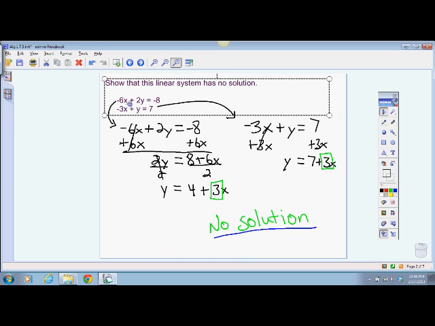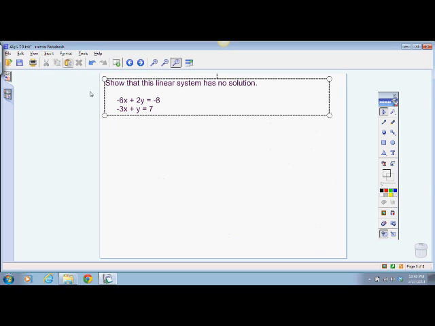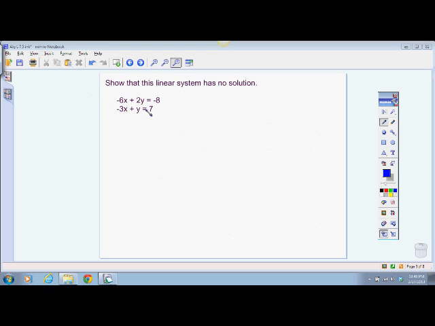Now let's say you chose a different way to solve. Let's say if you recognize here that it'd be pretty easy to solve for y, we could use substitution. So you just add 3x to each side, just like we just did actually. And we get y equals 7 plus 3x.